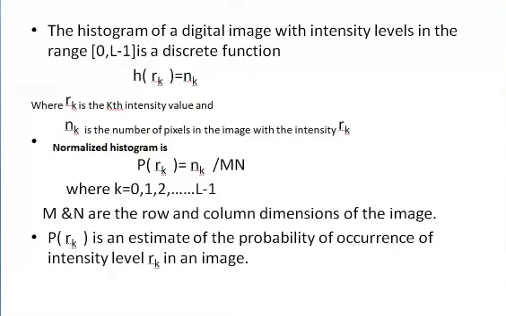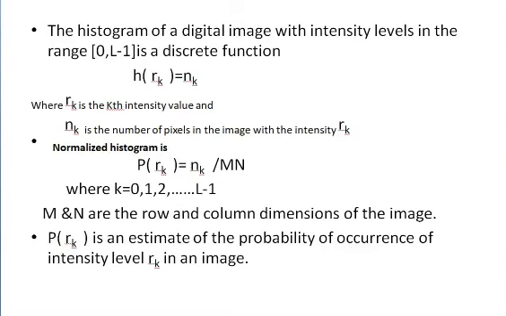That means if you draw the graph, or establish a histogram, for this type of image, the x-axis belongs to the different intensity levels. That image is also an 8-bit image.